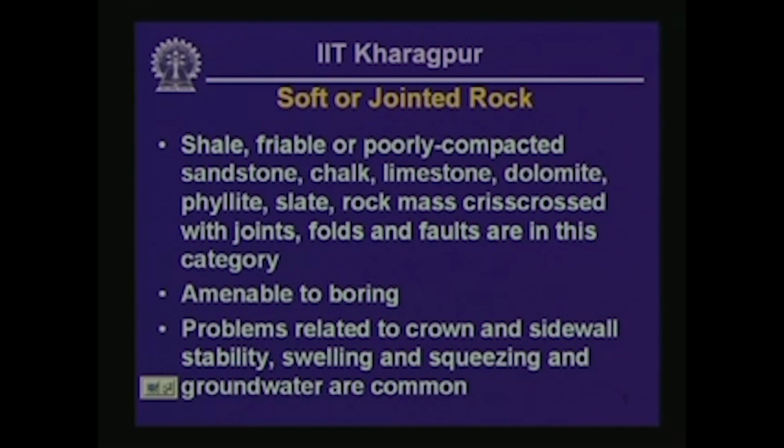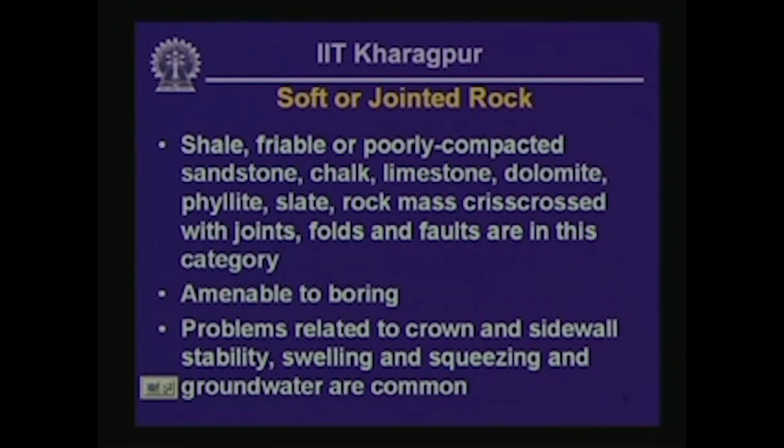Limestone, dolomite, phyllite, slate, and rock mass, all types of rock species that are crisscrossed with relatively closely spaced joints, folds and faults are in this category. Now, if you have got a rock of this type, then the tunnel walls in fact are not going to be self supporting.